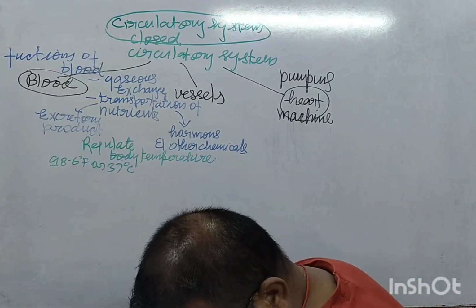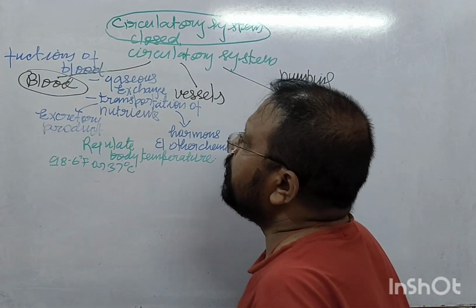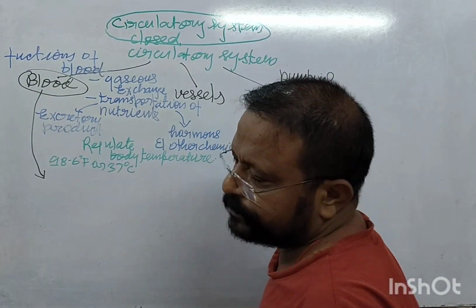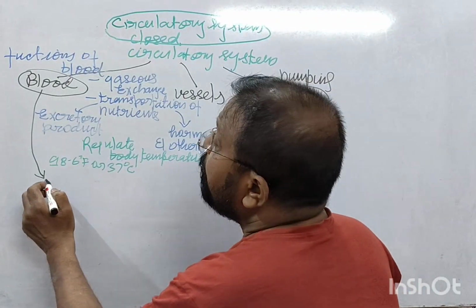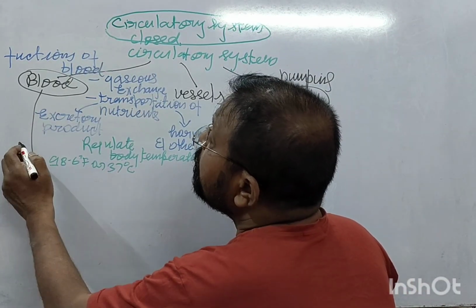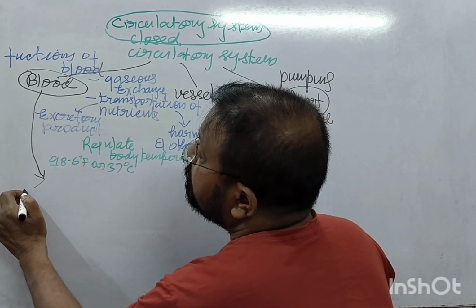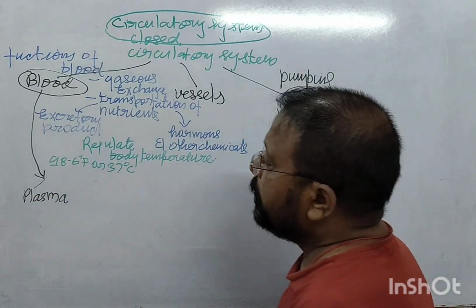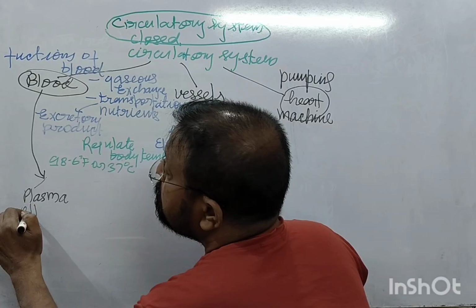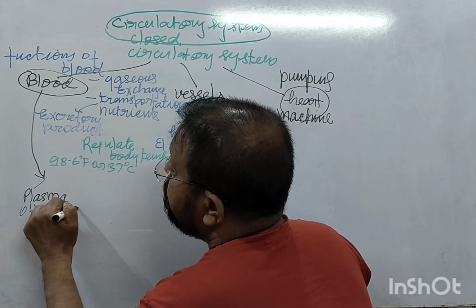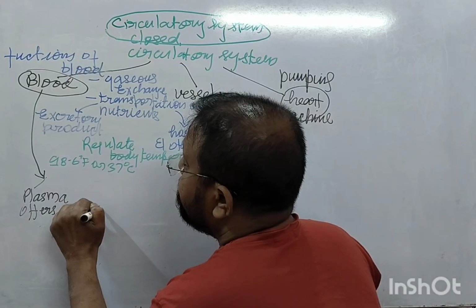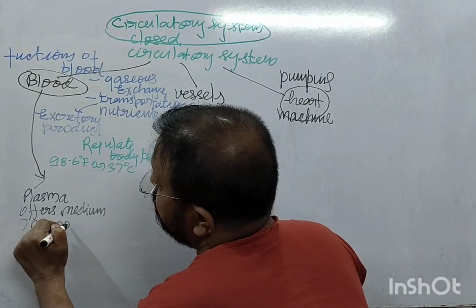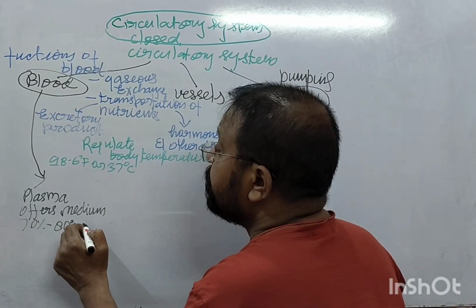And what is blood basically? Blood is having एक तो plasma.